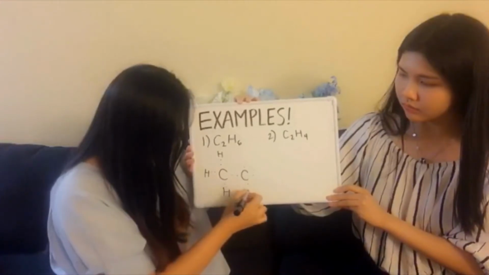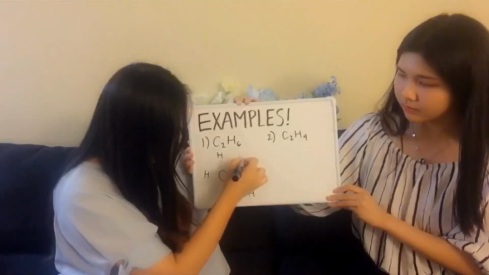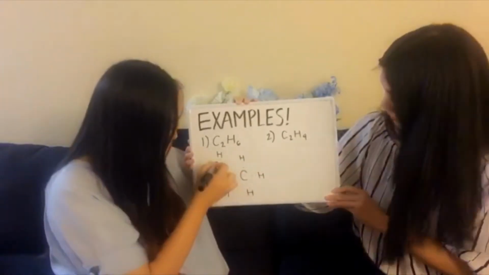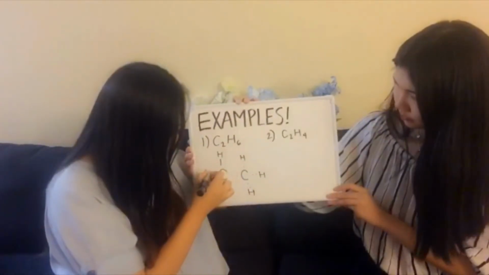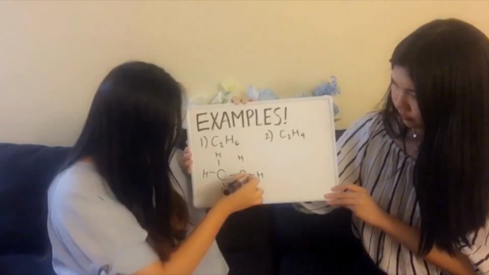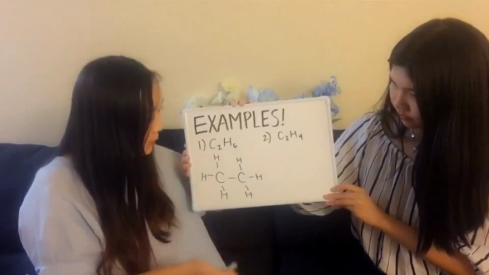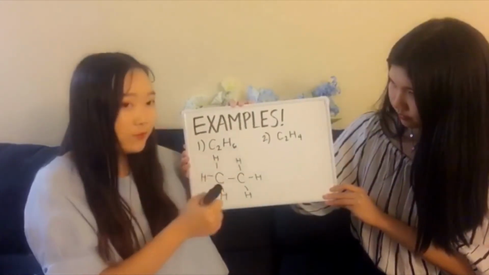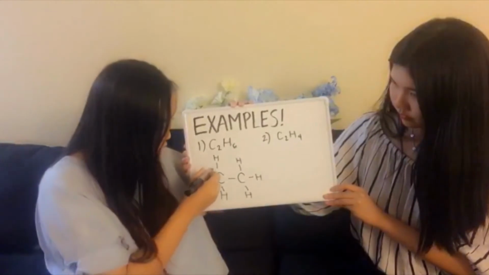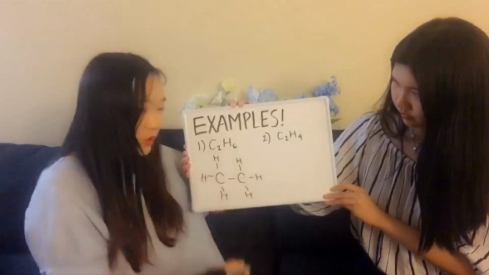Now you can connect the bonds with 2 unpaired electrons, and then you can check your answer by counting your valence electrons. In this molecule, you need 14 valence electrons: 2, 4, 6, 8, 10, 12, 14. So it's correct.